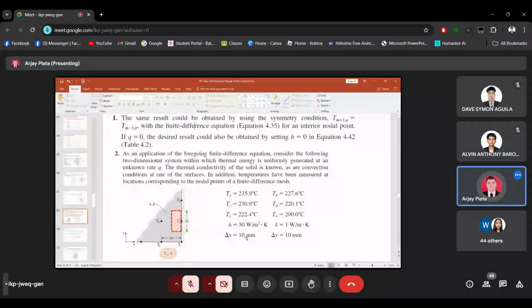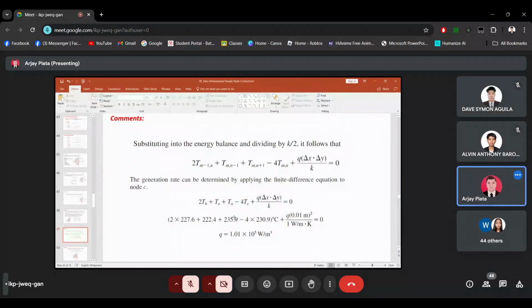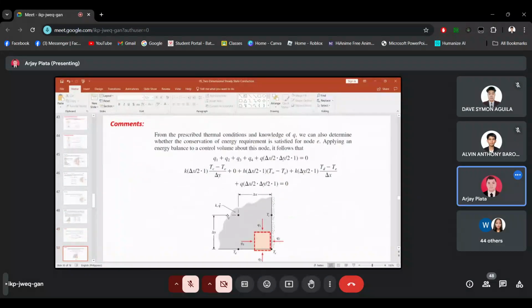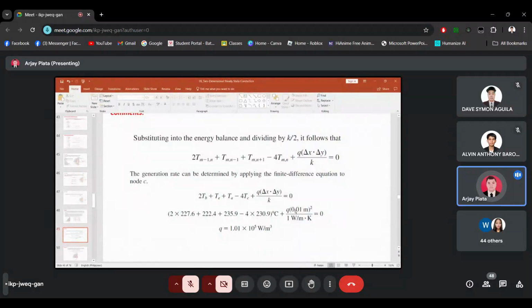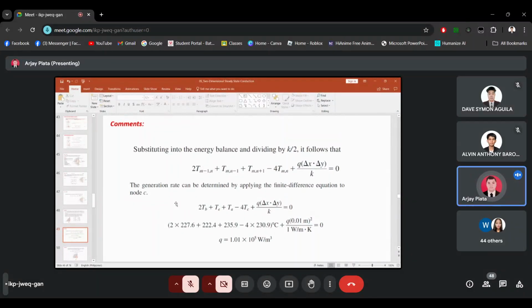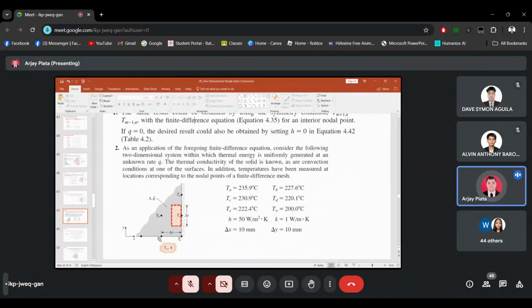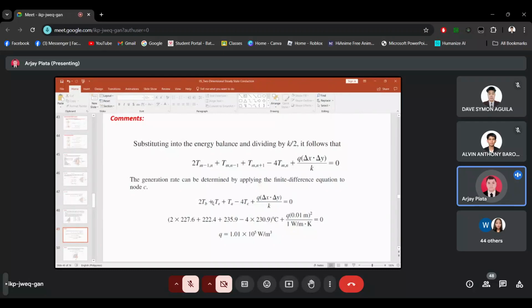But in this case, it's not considered here in this equation. Actually, if there is a convection coefficient, we have to apply this and include the heat transfer.